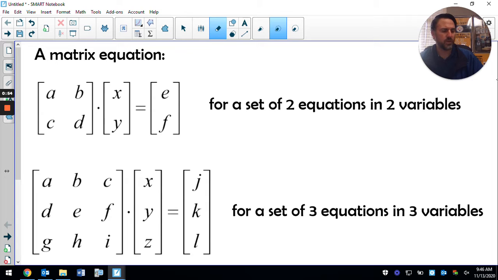So if you have a system of 2 equations with 2 variables, like linear examples, it's going to end up looking like this. And if you have 3 equations with 3 variables, x, y, and z, then it'll be a little bit larger, okay?